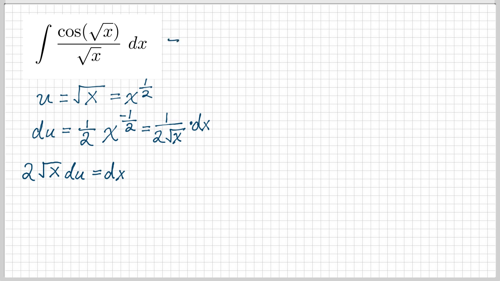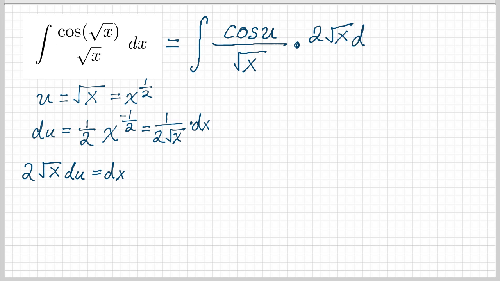So now we can rewrite this integral as the integral of cosine of just u. Now if we wanted to, we could rewrite that square root of x as u as well. We wouldn't be wrong in that case, but I'm just going to leave it as the square root of x because when I replace dx with what it equals, the square roots of x will cancel.